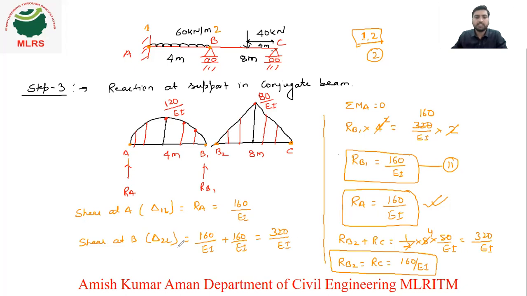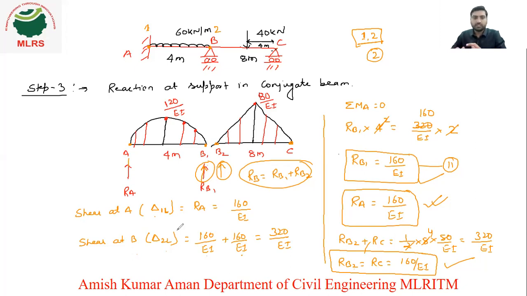This is the shear at 2 at this point. Why? Because RB1 is also 160 upon EI, RB2 is also 160 upon EI. So RB is nothing, RB is equal to RB1 plus RB2. So see here, what is RB1 value? 160 upon EI. What is RB2 value? 160 upon EI. So here 160 upon EI plus 160 upon EI. So this is shear at A, shear at B, delta 1L, delta 2L. Simply we have calculated. Okay, we got these two values, delta 1L value, delta 2L value.